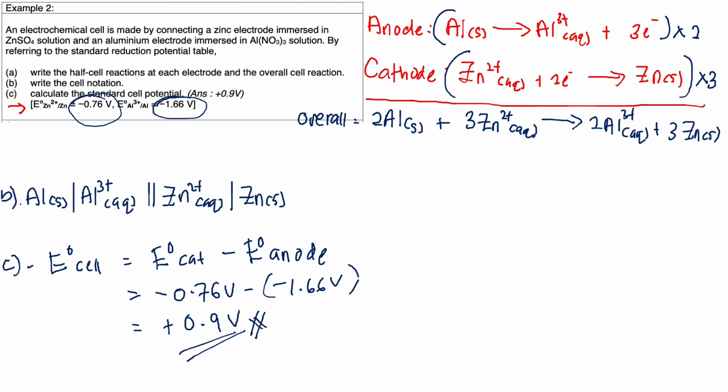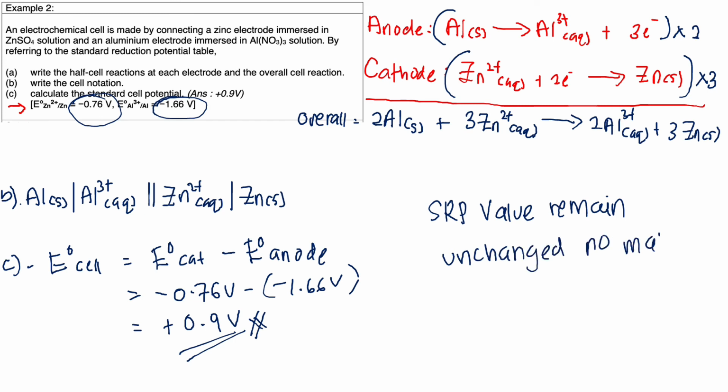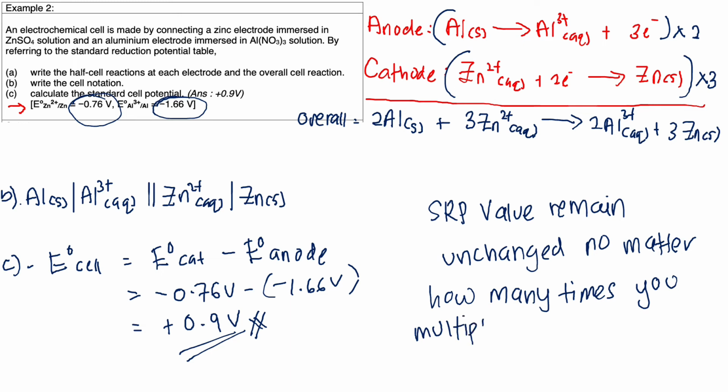Again, please remember, no matter how many times you multiply the anode and the cathode, the SRP value remains unchanged no matter how many times you multiply the half cell.